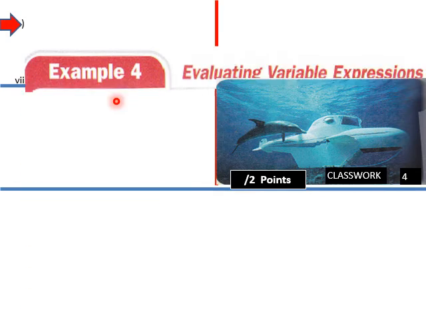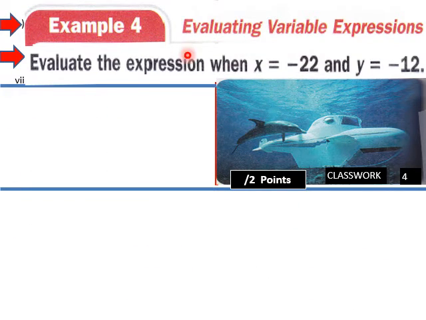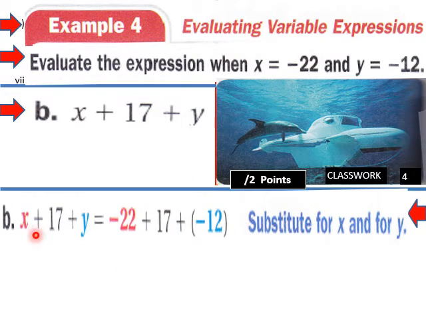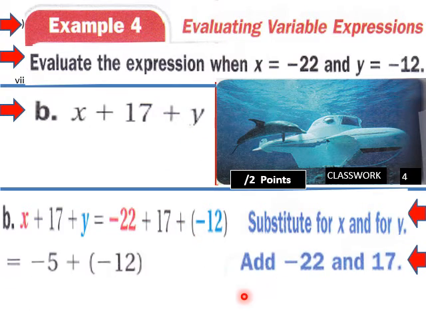Let's try another one. So when x equals -22, y equals -12, now we have x plus 17 plus y. That is -22 plus 17 plus -12. -22 and positive 17 would be -5.